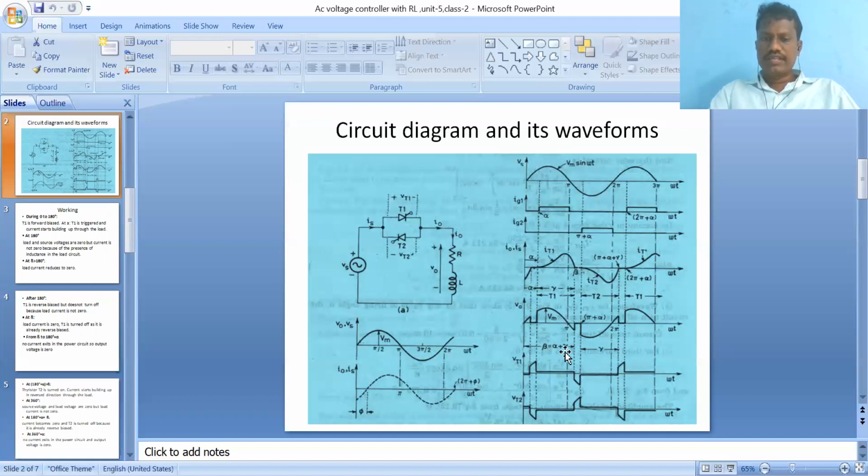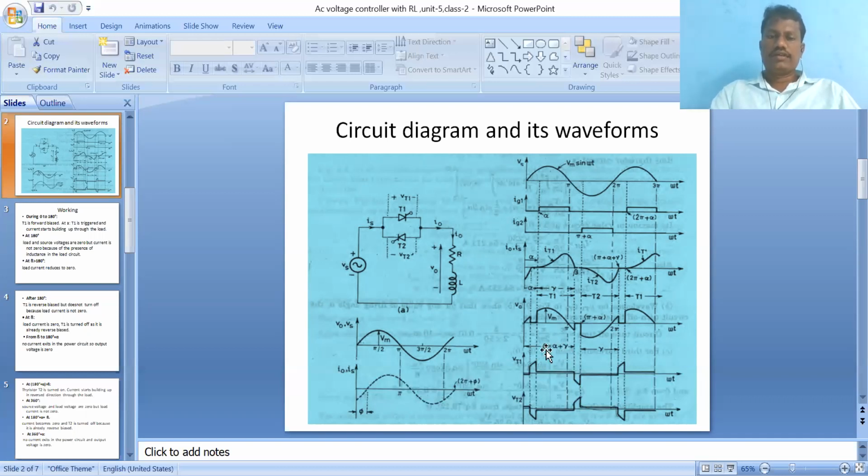Gamma indicates the conduction angle, alpha is the firing angle, and beta is the extinction angle. Gamma is equal to beta minus alpha, and beta is equal to alpha plus gamma. Beta is the extinction angle, alpha the firing angle, gamma the conduction angle.